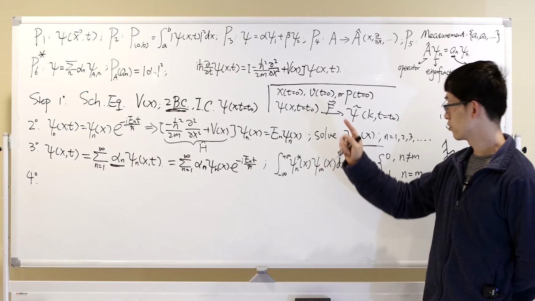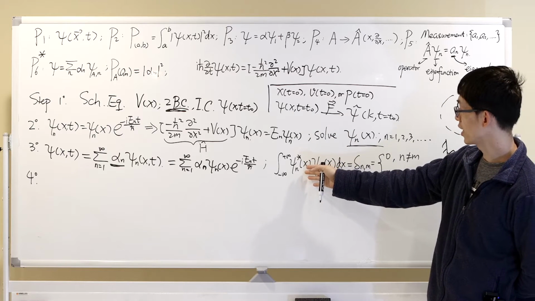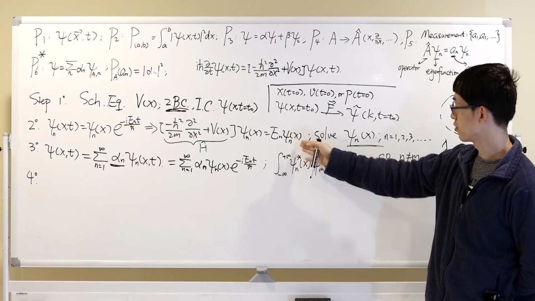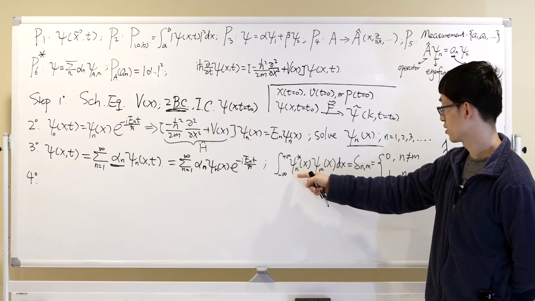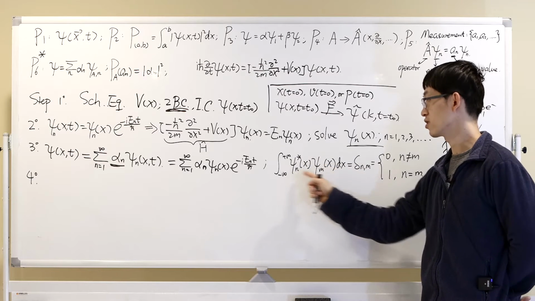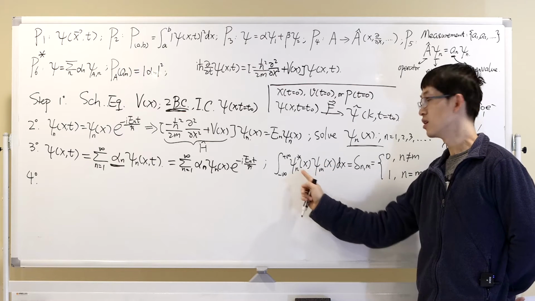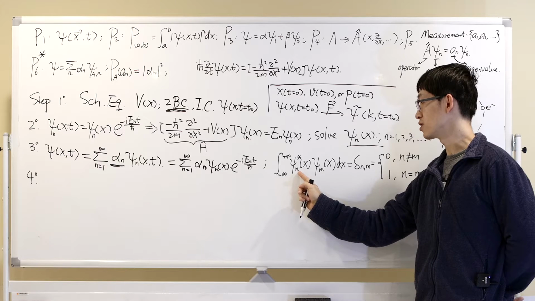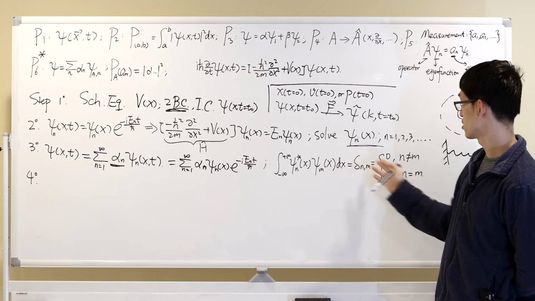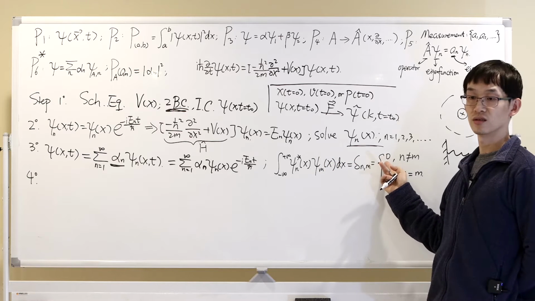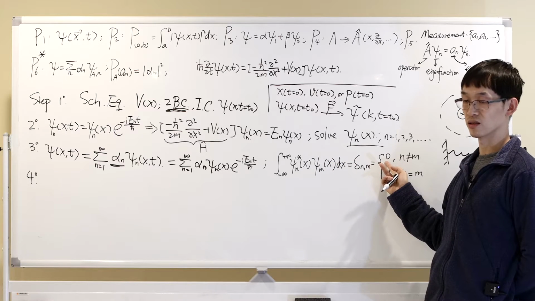For any eigenstate, you can show that if they're not the same eigenstate, if one is n and the other is m, then they're always orthogonal to each other: the integral, the inner product, is 0.